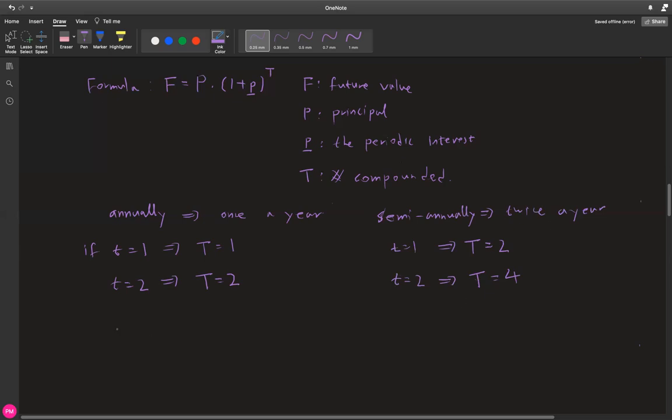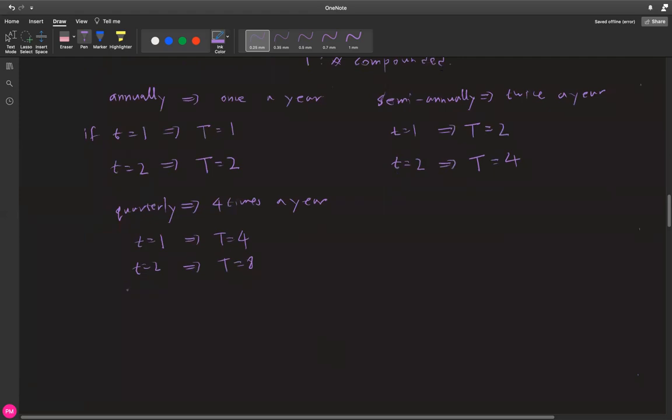Same goes for if it's quarterly. Then it's 4 times a year. So if T is 1, if it's compounded for 1 year, you will end up with 4 here. And if it's compounded for 2 years, you'll end up with 8. And this whole logic follows.